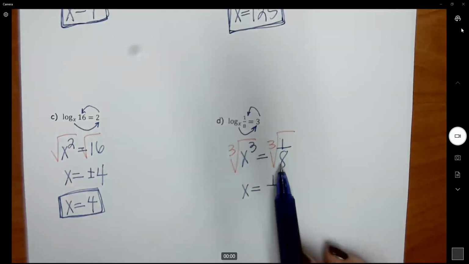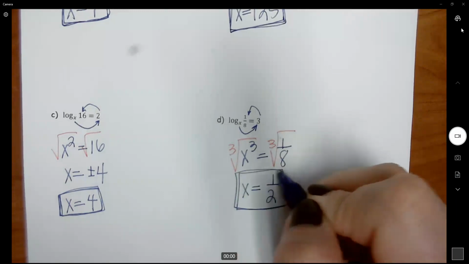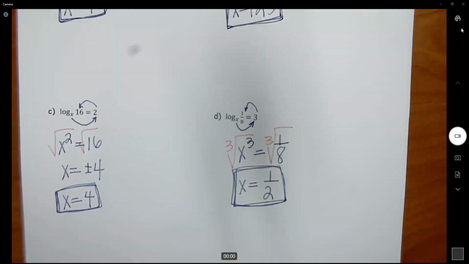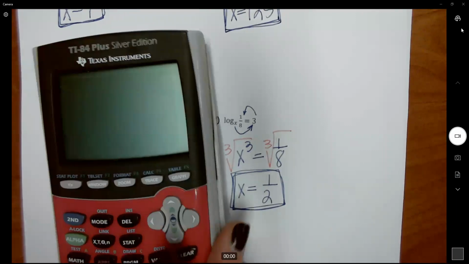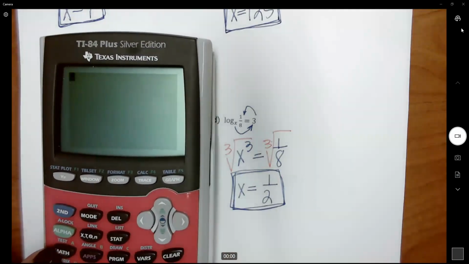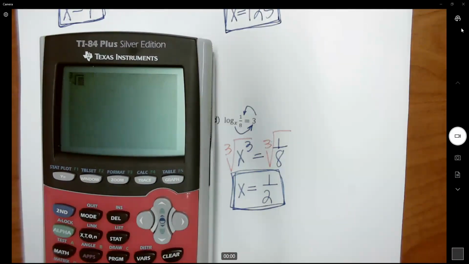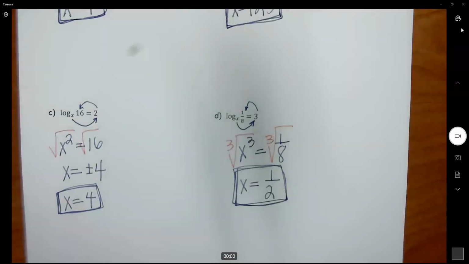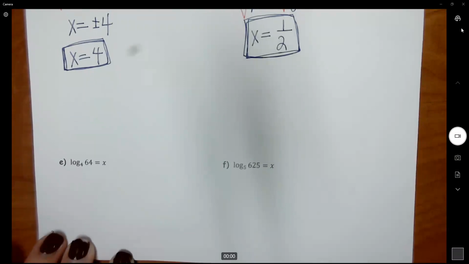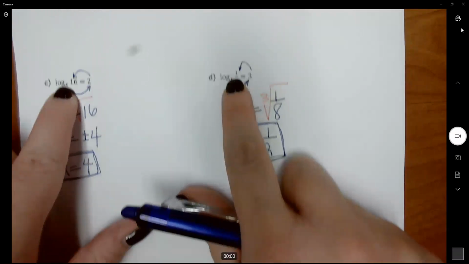The cubic root of 8 is 2. And you can put that in your calculator. If you go to math, here's your cubic root, and you put in 1/8, and you get 0.5, which is 1/2. Okay, so that's whenever my x is my base.